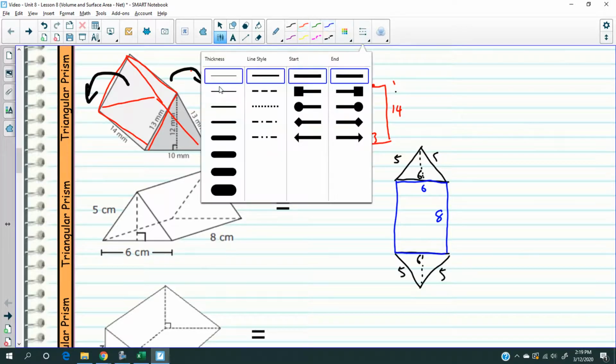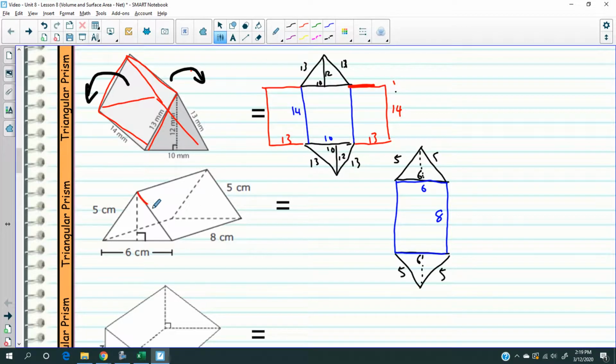I'm going to go this way first, ripping it off to the side like this, so it will unfold like such. So that would be 8, and that's 5. The longest side's 8, longest side's 8, and then we got the 5 here.